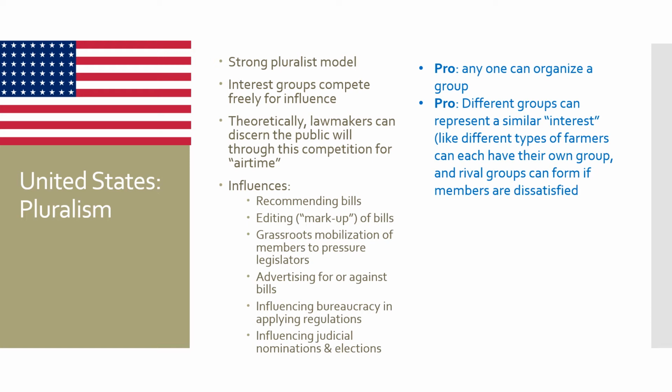So if you belong to the Sierra Club, or you're a leader in the Sierra Club, and you think, well, I don't like the Sierra Club's way of representing the environmental movement, you can create your own interest group. You can break off and create a rival group that represents the environmental movement differently, or has a different philosophy, or maybe even a different business model for raising money.